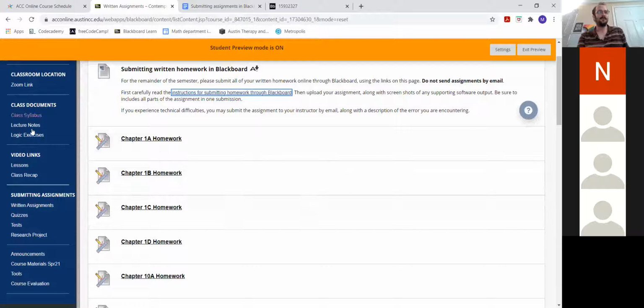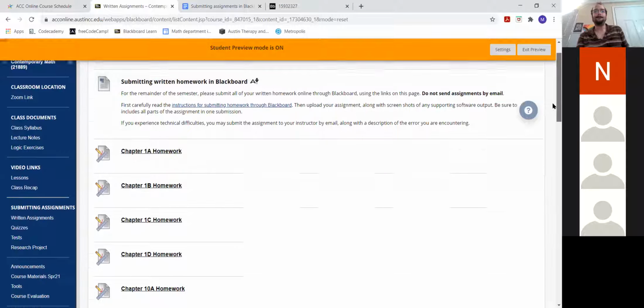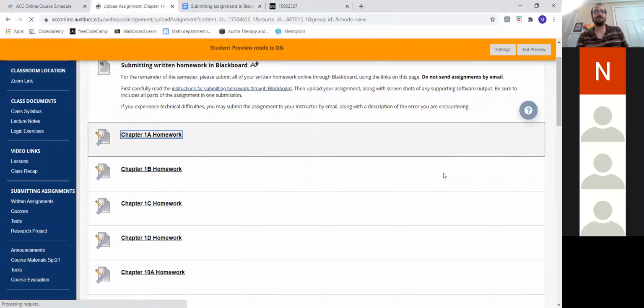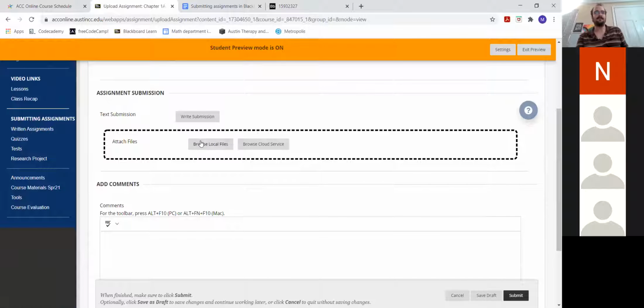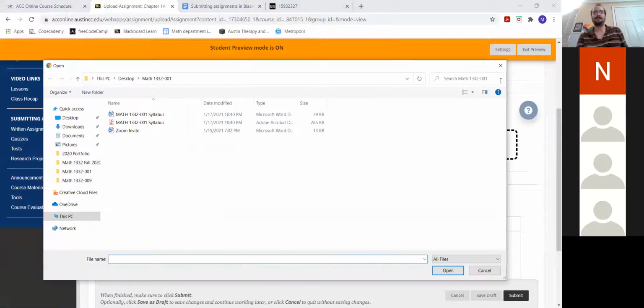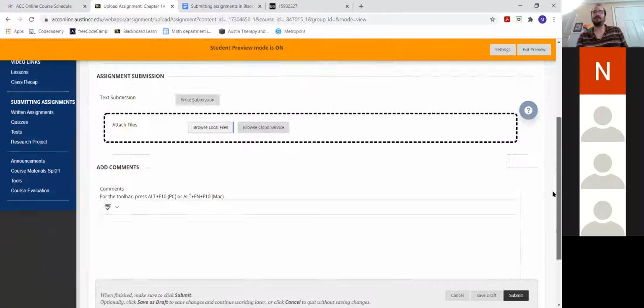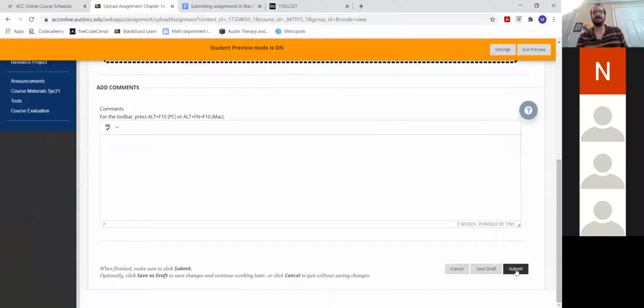These are all the places where you submit assignments. You're going to go into chapter 1A, browse your file location, attach the file here, and then submit it.